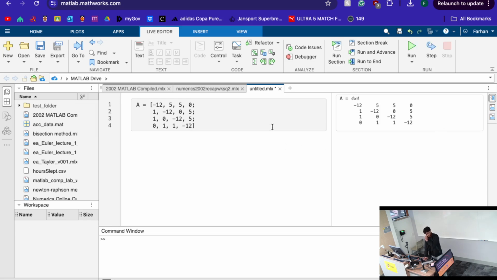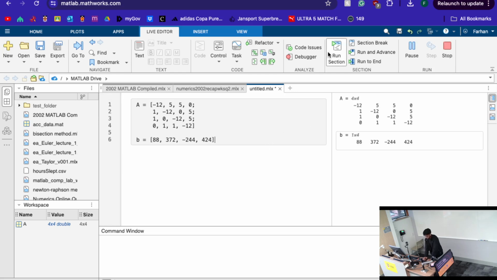And then B is equal to just a vector, which is 88, 372, minus 244, 424. Is that a vector? Wouldn't there be different rows? Yeah, sorry, there should have been different rows. Is that better now?